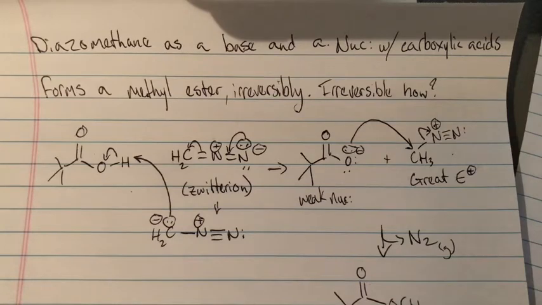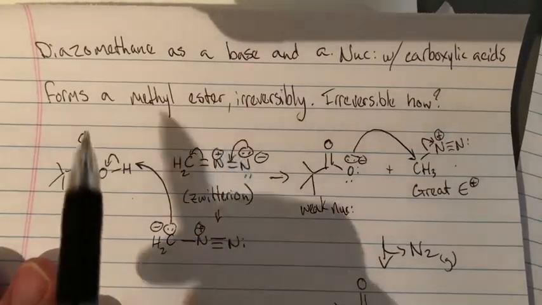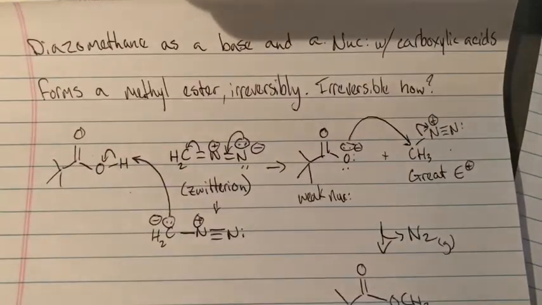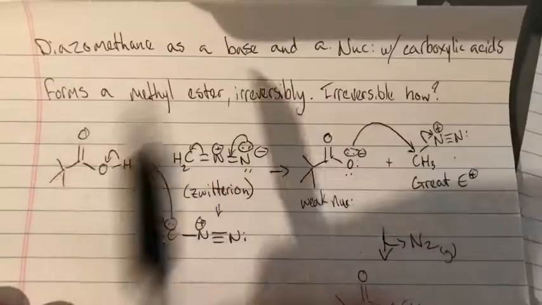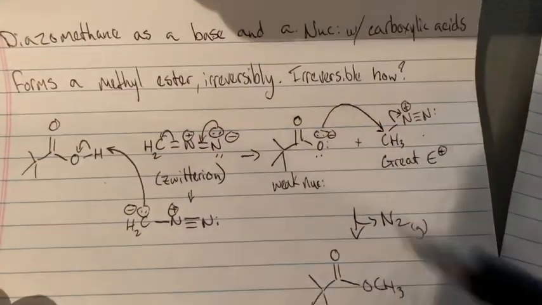So it behaves both as a base and a nucleophile, particularly with carboxylic acids. So diazomethane can actually form other species that we'll get into later in the book. But this forms a methyl ester irreversibly. Okay, so irreversible how? Well, we'll see.